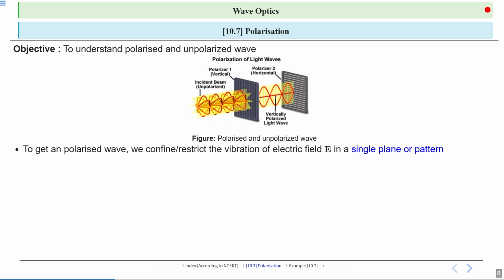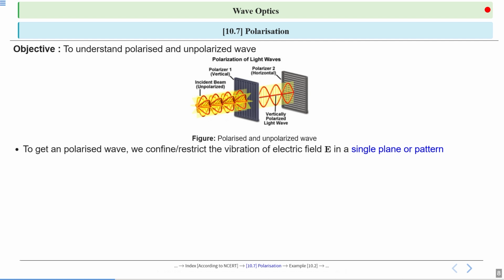That means the amplitude of the electric field vector is C times, where C is 3 into 10 raised to the power 8 meters per second, a huge term, multiplied by the amplitude of the magnetic field. That's why the major effect in polarization is due to the electric field, and that's why we take the electric field vector, also called the light vector.